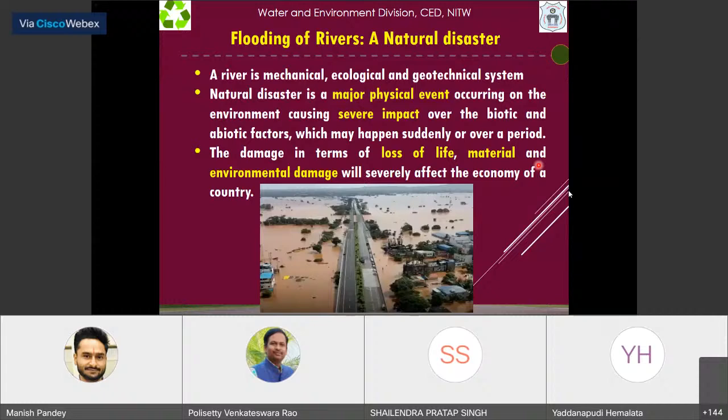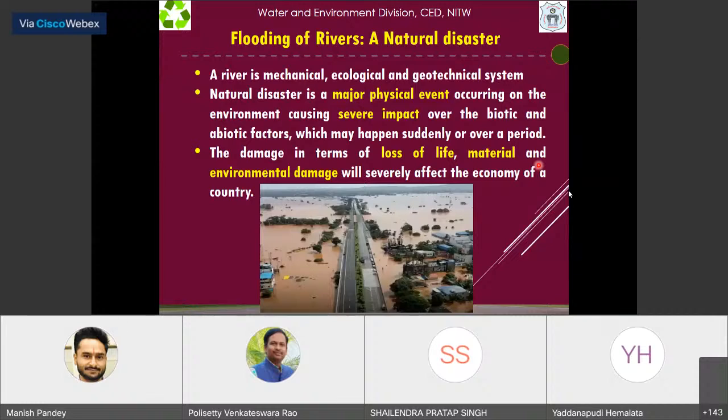For abiotic factors, there will be a change in the river. There may be a change in the river course, and a lot of inundation, changing its path on the adjoining areas, which may happen suddenly or over a period. That depends on how much flood is happening, how much runoff it is carrying, and so on.